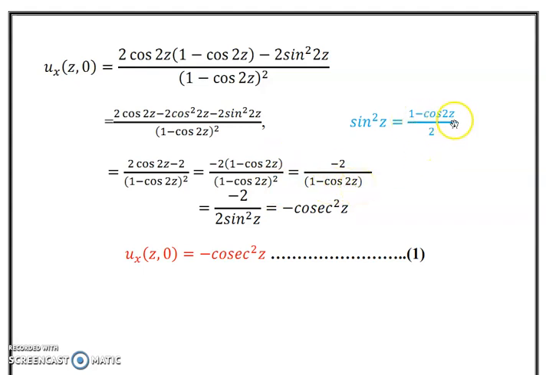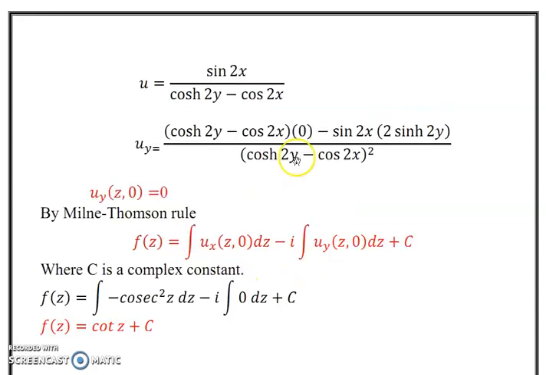You know that 1 minus cos 2z is 2 sin square z, then substitute here, then 1 minus sin square z is cos square z. So ux of z comma 0 is minus of cos square z. Similarly, you find uy, then uy of z comma 0 equal to 0.